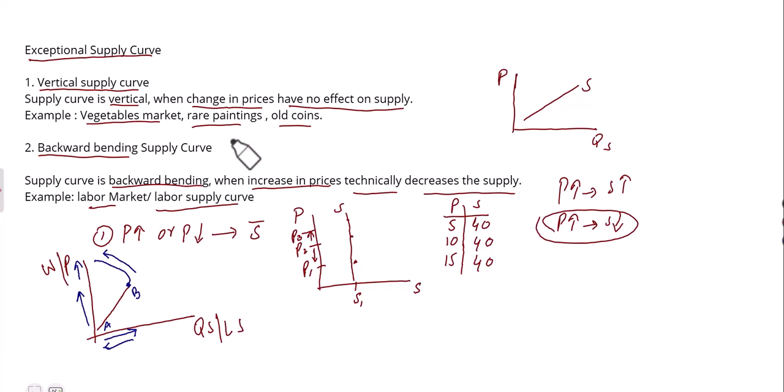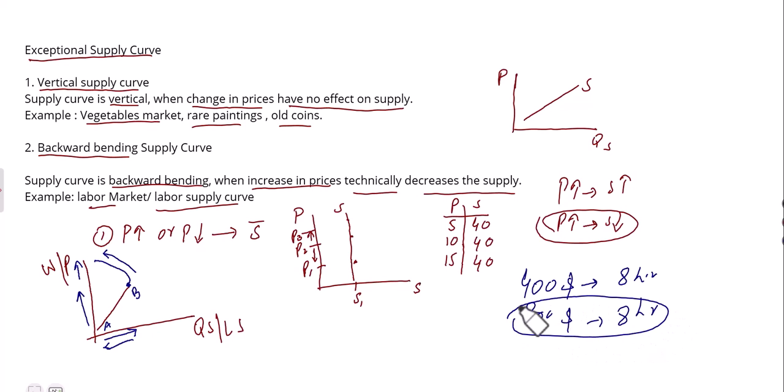For example, you are giving $400 to workers for working 8 hours a day. Now if you offer them $800 for 8 hours, they will work less in a week because they are earning a lot of money by working less.